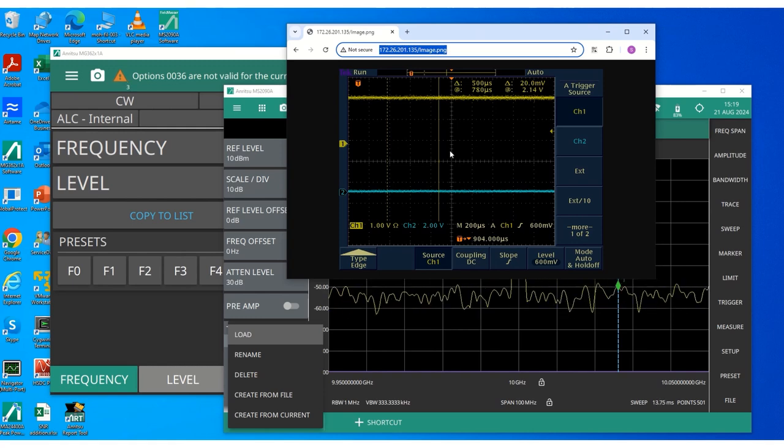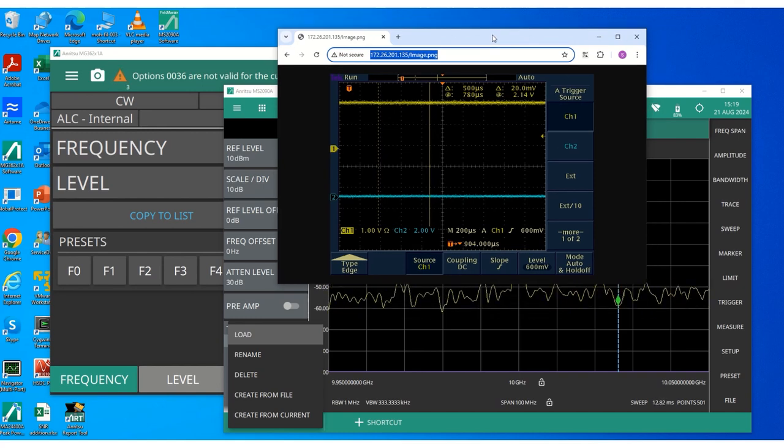The oscilloscope has a VXI11 server, and a snapshot of oscilloscope's display is published on the page every 10 milliseconds or so. This GUI on my screen here accesses that page. We are going to access the page whenever we want to see Rubidium's waveforms.